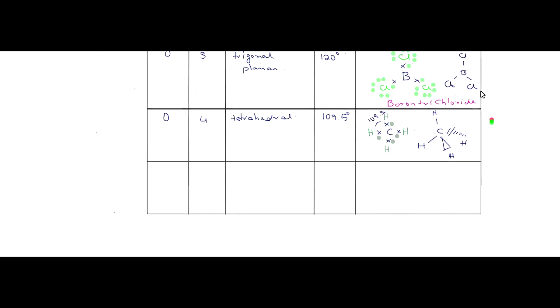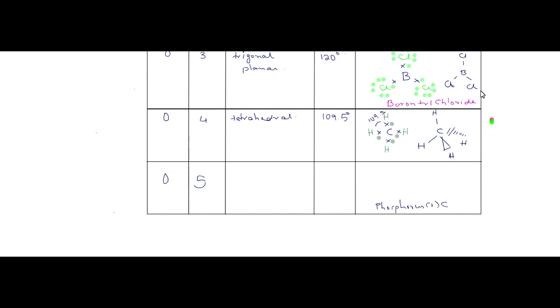Okay, then the next option that we can have is zero lone pairs of electrons, but five bonded pairs of electrons. A good example of this is PCl5, phosphorus pentachloride.